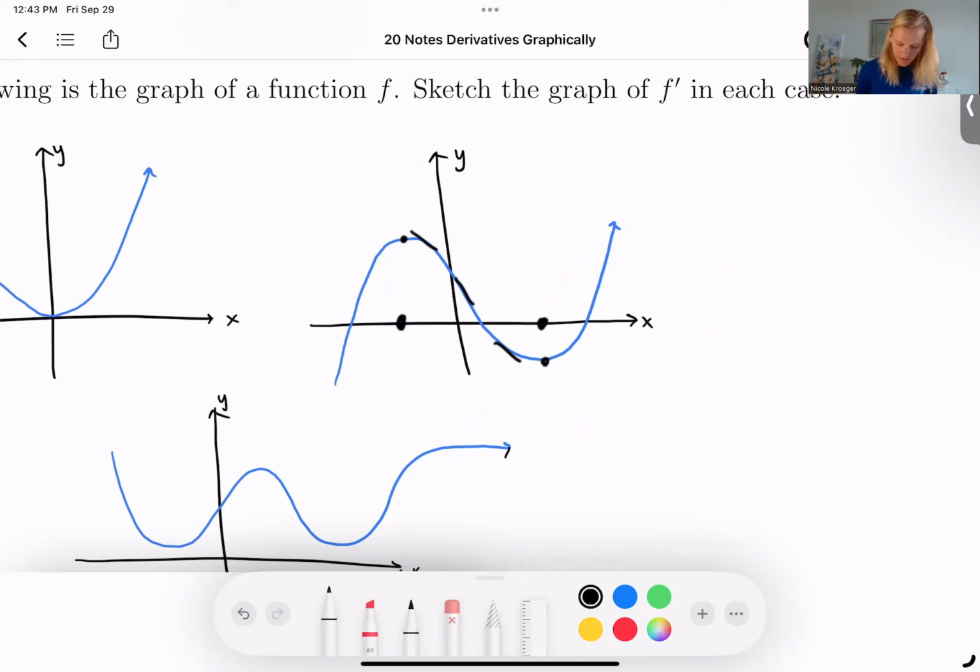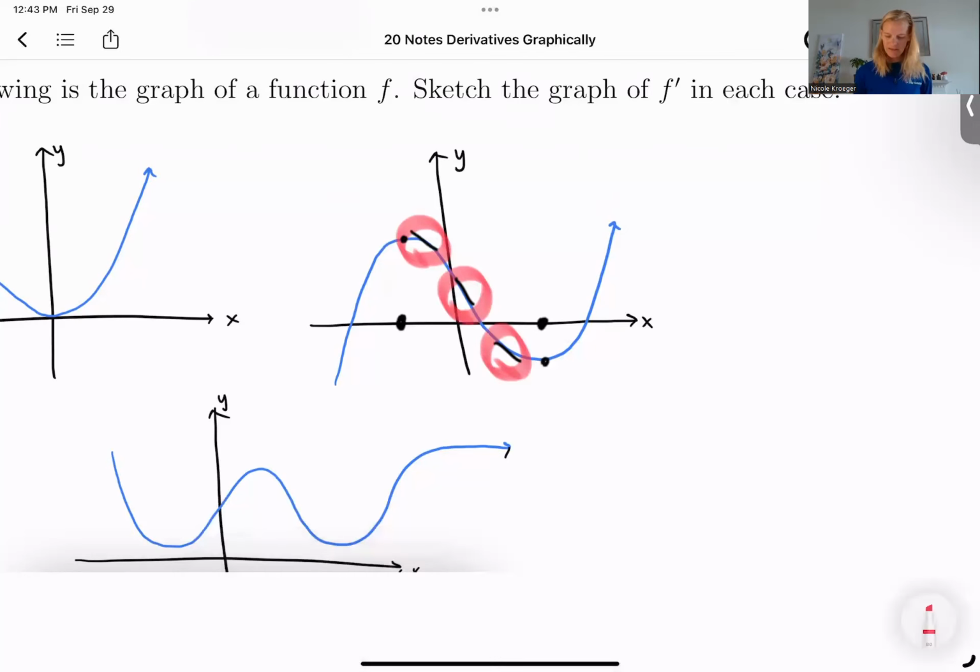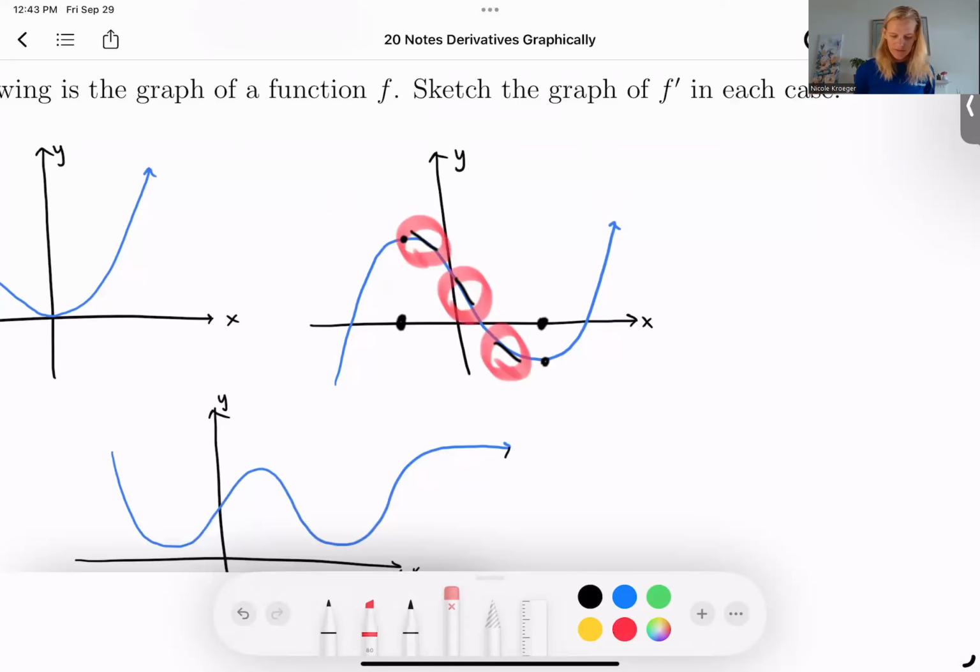We notice that this slope is a lot shallower, a lot less steep than this slope, and this one's pretty shallow too. So it looks like we're going to have bigger slopes here and a small negative number here. What would make sense is something like this, where we join those two points.